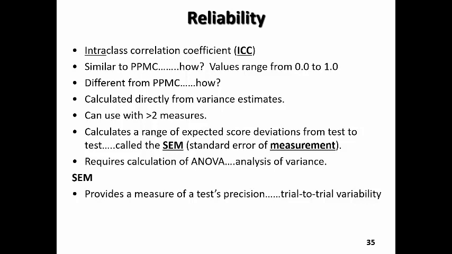And the SEM, or the standard error of measurement, is a statistic that points to how precise a test of human behavior or human physiology is in tracking that trial-to-trial variability. So if we're measuring something repeatedly, we do have to have an indication of how reliable that measurement instrument is, and the ICC and SEM are the test statistics of choice when quantifying reliability.